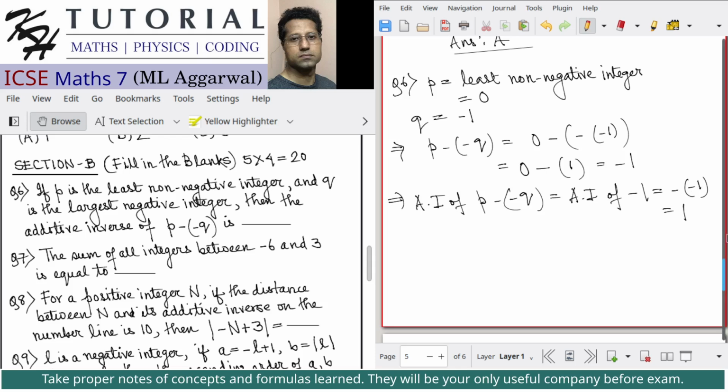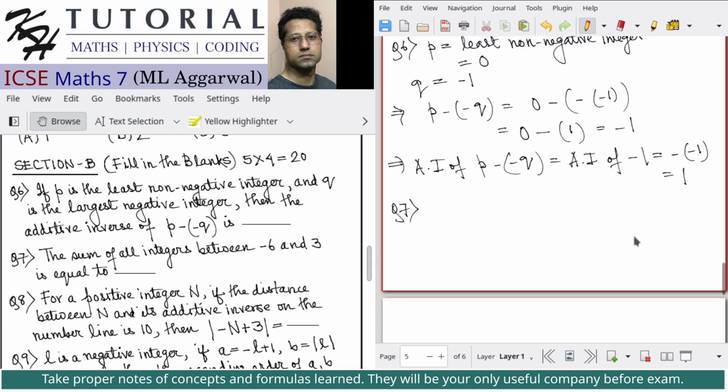Okay. Let's do question number 7. The sum of all integers between -6 and 3 is equal to. So we first have to figure out what the integers between -6 and 3 are, and then find the sum of them.